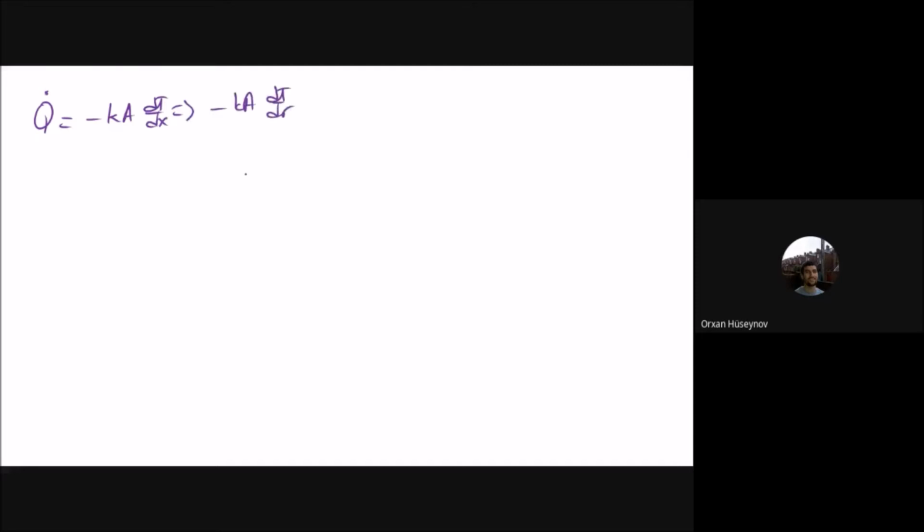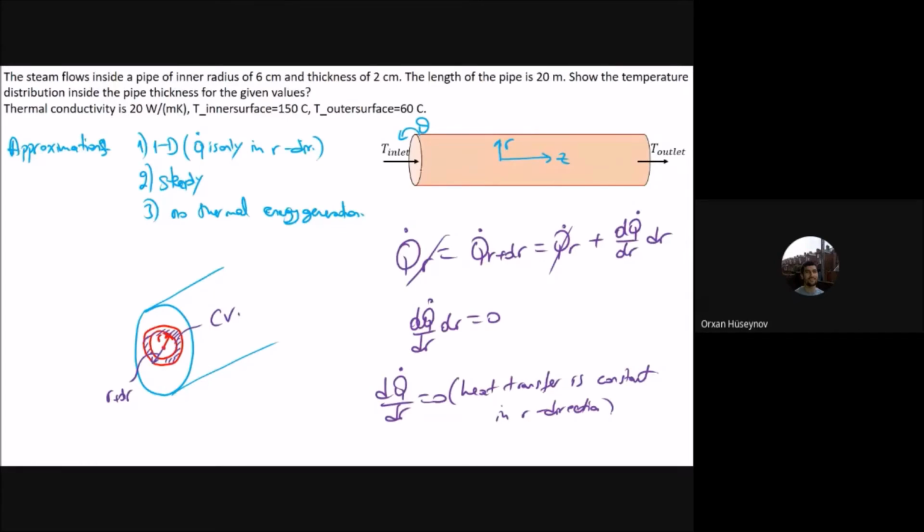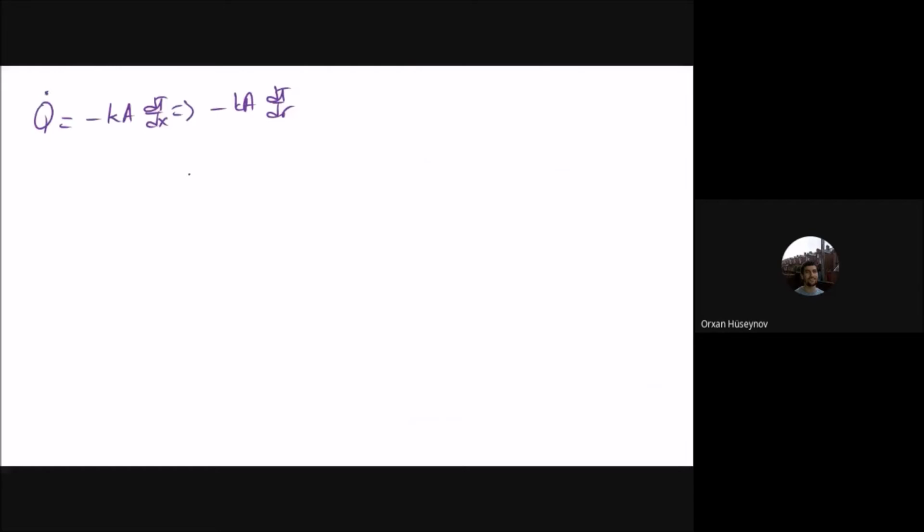Okay. Now let's go back to here, where the conduction heat transfer happens. If I just show it for you one more time, this one is the pipe flow. And in that direction, the heat transfer for conduction is through the surface area of the cylinder.